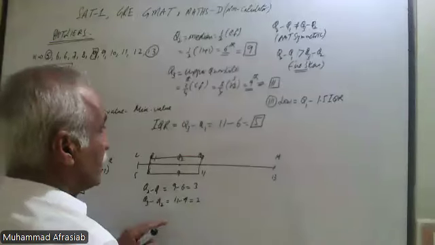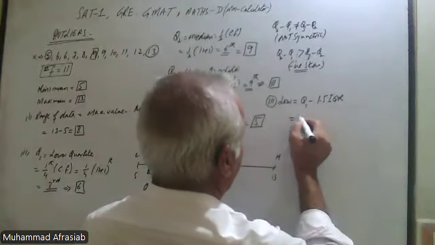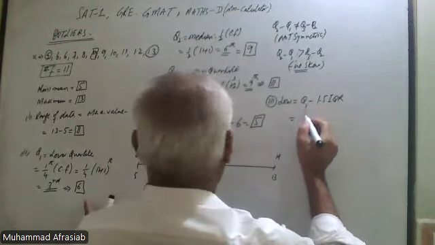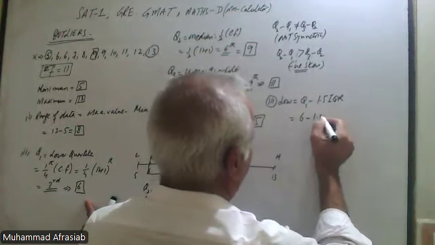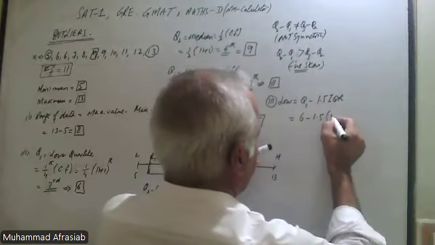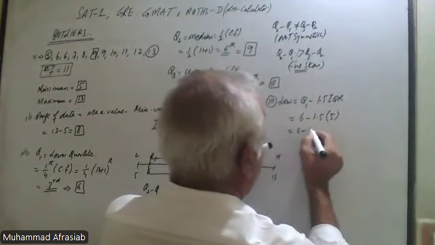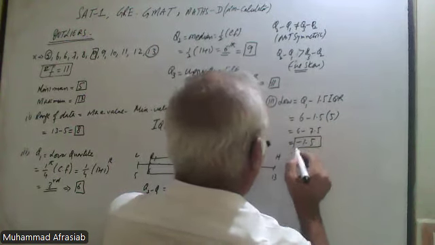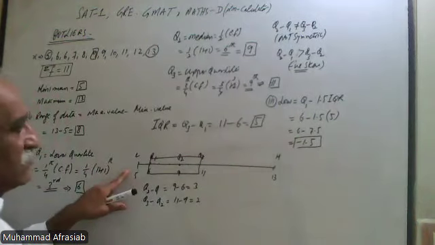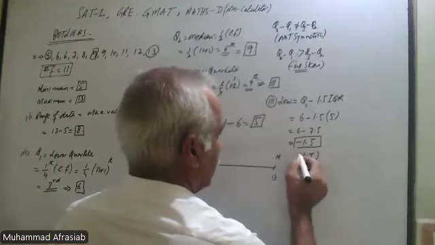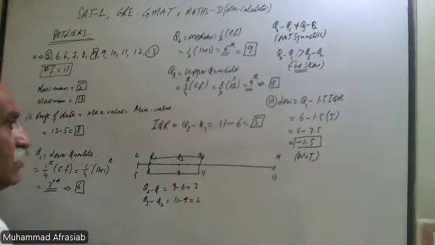We know Q1 is equal to 6, minus 1.5 times the interquartile range, which is 5. So 6 minus 7.5 is equal to minus 1.5, which is not in the range of this data. So we cannot find a lower outlier for this data.